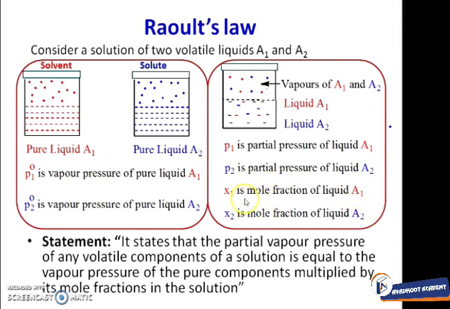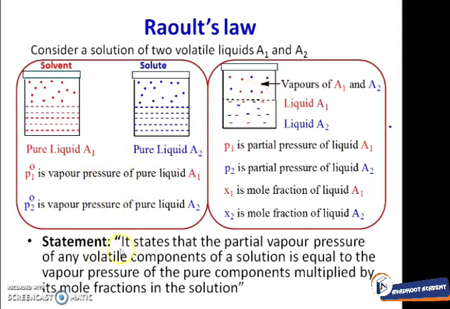Similarly, x2, the mole fraction of A2, is the ratio of the number of moles of A2 upon the number of moles of A1 plus A2. In this way, by mixing two volatile liquids A1 and A2, we prepared a binary solution.